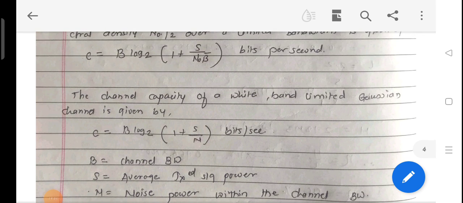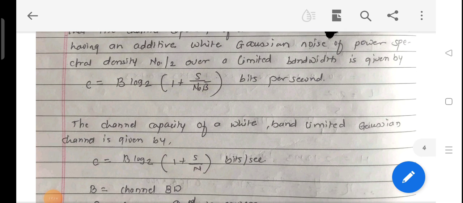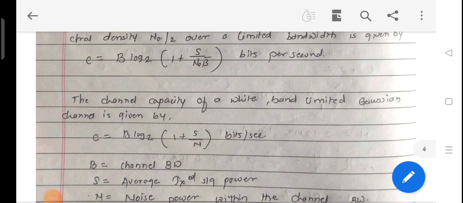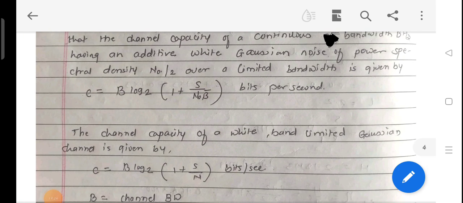In the presence of additive white Gaussian noise, we have N as n0 B. So these are the two channel capacity theorems we have in the syllabus.